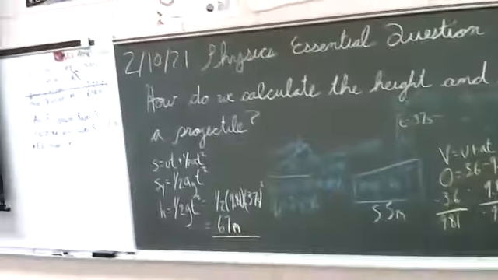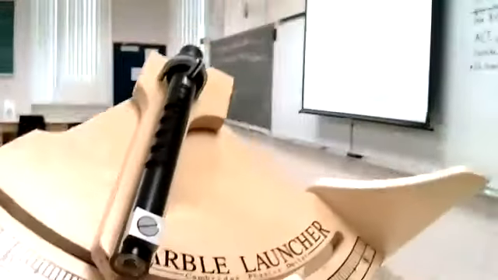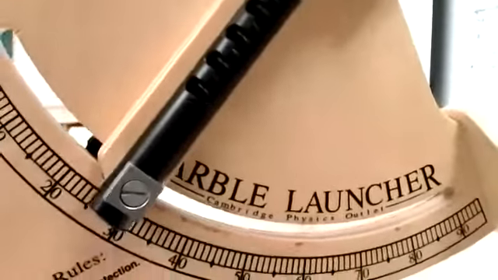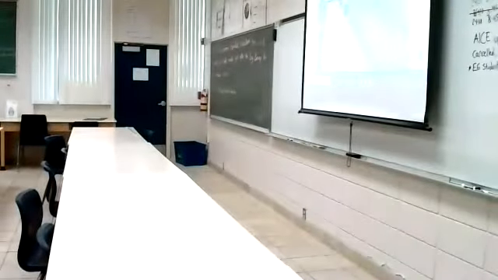You can see downrange, I've got a marble launcher with a 26-degree angle, ready to go right here.